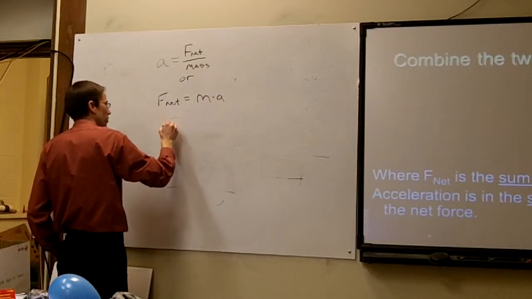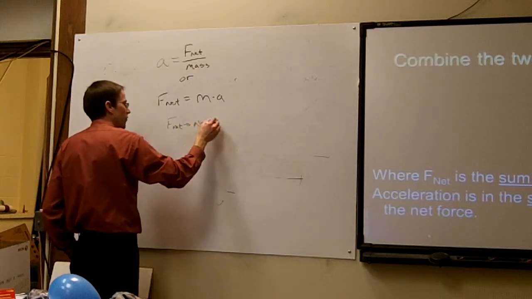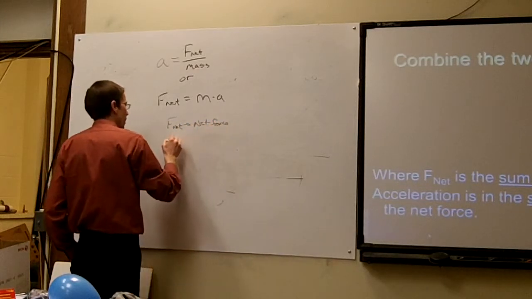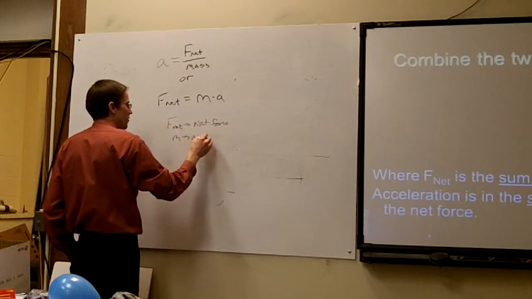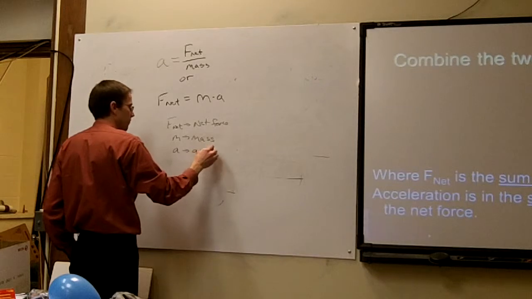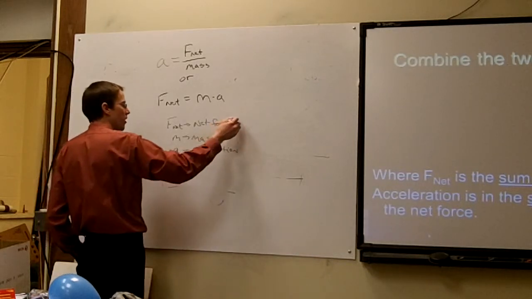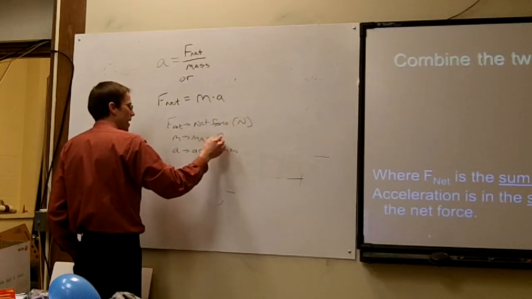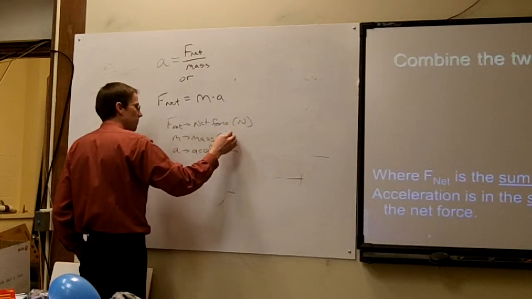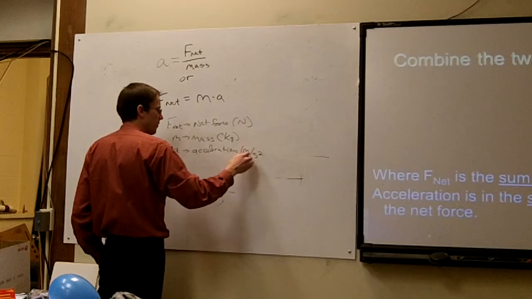Of course, I'm going to go ahead and define the variables. I strongly suggest you do this. Net force, m is mass, A acceleration. Net force, units are newtons, mass is kilograms, acceleration is meters per second squared.